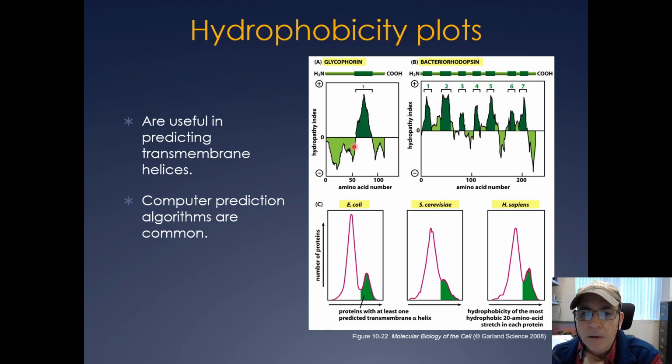And if you see that you have a stretch of 20 or more amino acids that create a very hydrophobic region, it's highly likely that this is going to be a transmembrane protein. Here's bacterial rhodopsin, which we know is in the G protein coupled receptor family, and you can see the 7 transmembrane domains that exist on it.